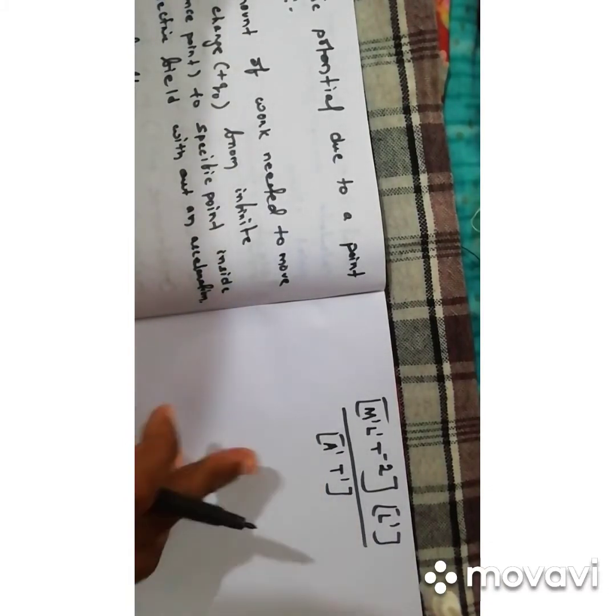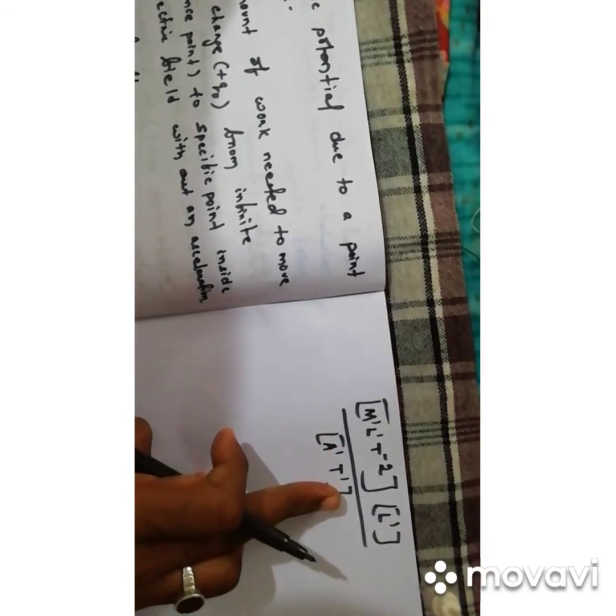So Coulomb has the dimension formula A1 T1.